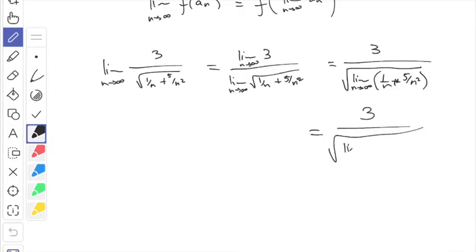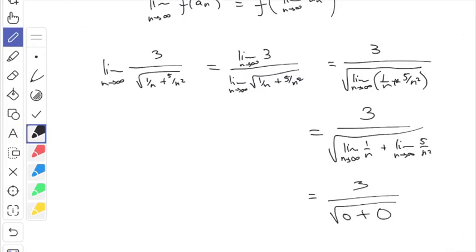I broke this up into two different limits, the limit of 1 over n, plus the limit of 5 over n squared, and then those were each 0, still inside the square root. But the important step that I want to draw our attention to is right here, where I push the limit into the square root in order to evaluate the limits.